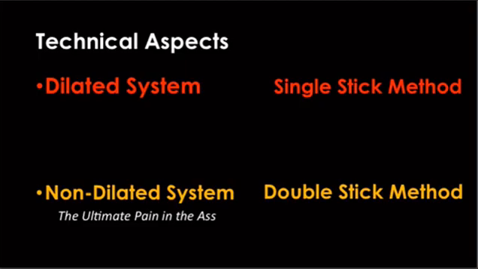So depending on what you stick is where you're going to see things. But you basically create a dilated system with a double stick method. Your first stick is to do the dilating, either with air or with fluid or contrast.